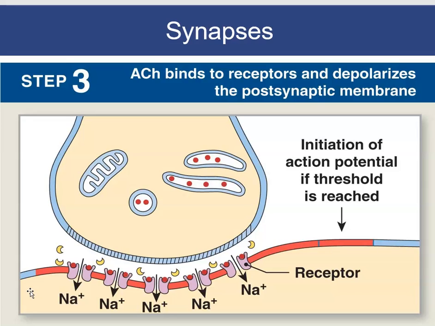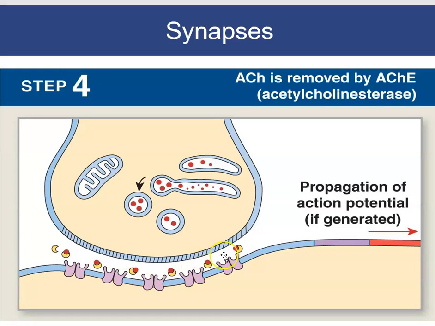This is a graded potential, which means the more acetylcholine that is released, the greater the number of channels that will be opened, and the more the sodium rushes in, the more that membrane will be depolarized. If the depolarization brings that membrane to threshold, an action potential will occur. And you can see here that action potential is moving down the membrane.